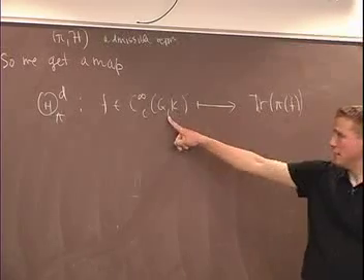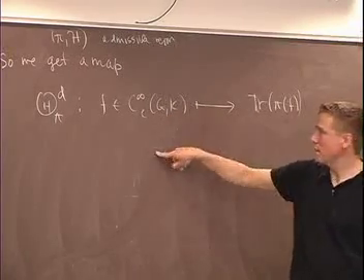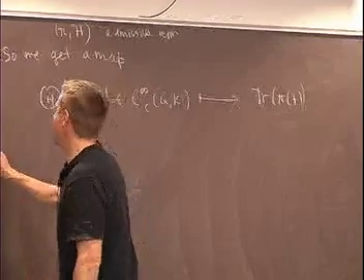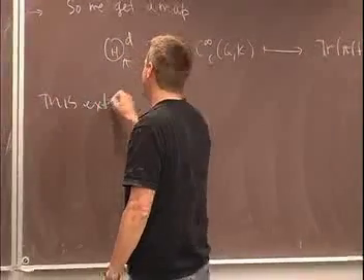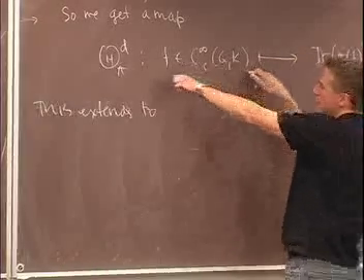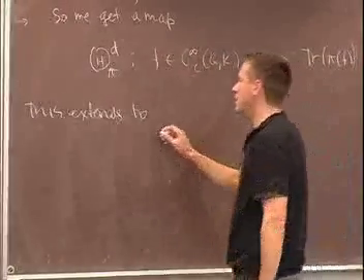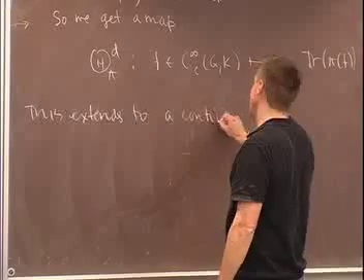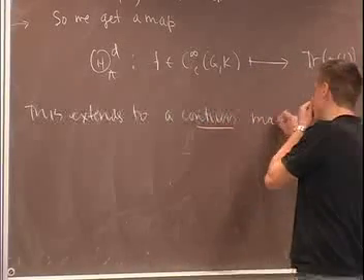Now, but this is dense. Okay? So this extends. Well, you have to check that it extends. Well, it extends some way, but in fact, it extends to a continuous map.